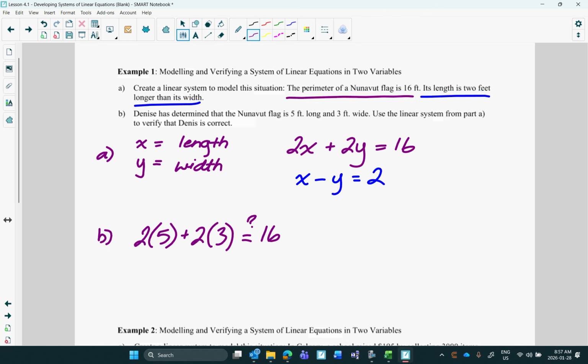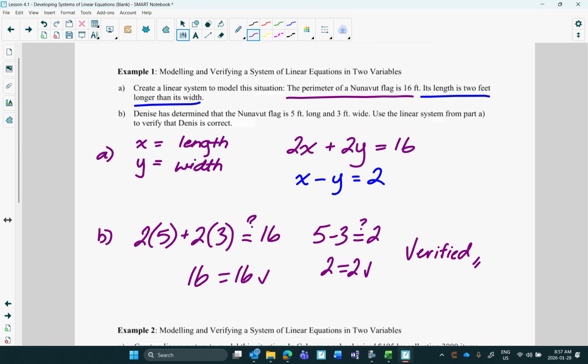Yeah, 2 times 5 is 10, 2 times 3 is 6, 16 equals 16, we're all good. This one's even easier. Does 5 minus 3 equal 2? Yeah. So it works in both equations, so we are verified. It is the right solution.